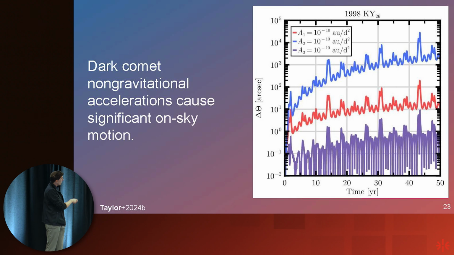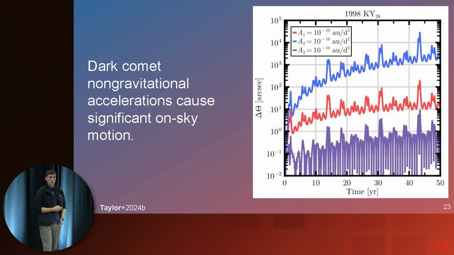But regardless, this is the distance in on-sky location in arc seconds over 50 years for one of these dark comets versus gravity only, and then if I've added a non-gravitational acceleration comparable to the dark comets. What you can see is that, especially for a large A2, which some of them have, you can get uncertainties as large as 10 to the 4 arc seconds, which is like 10 degrees.